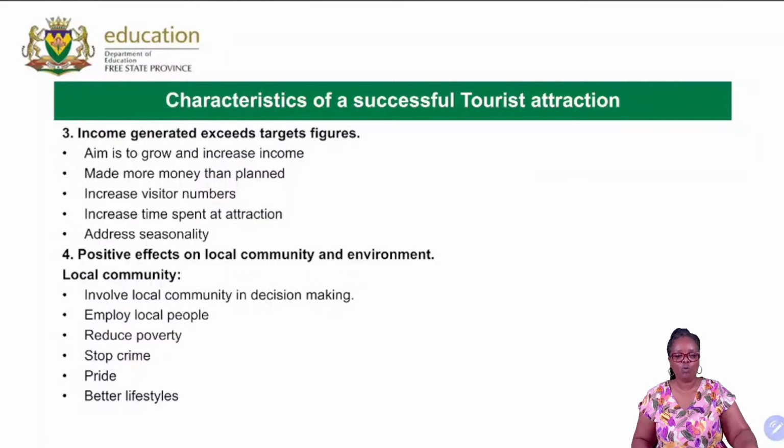The attraction will open earlier, at 8 or 9 o'clock, and close later, at 5 or 6 o'clock during summer, because during summer the days are longer and we have more natural light.